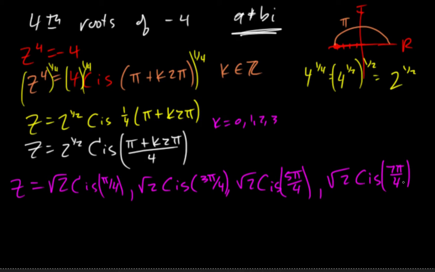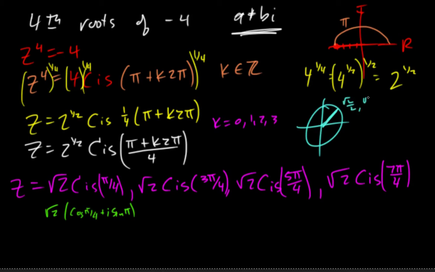Okay, now if we look at these individually, just remembering that this is cos pi fourths plus i sine pi fourths. That's going to go over here. Pi fourths is square root of 2 over 2, square root of 2 over 2.